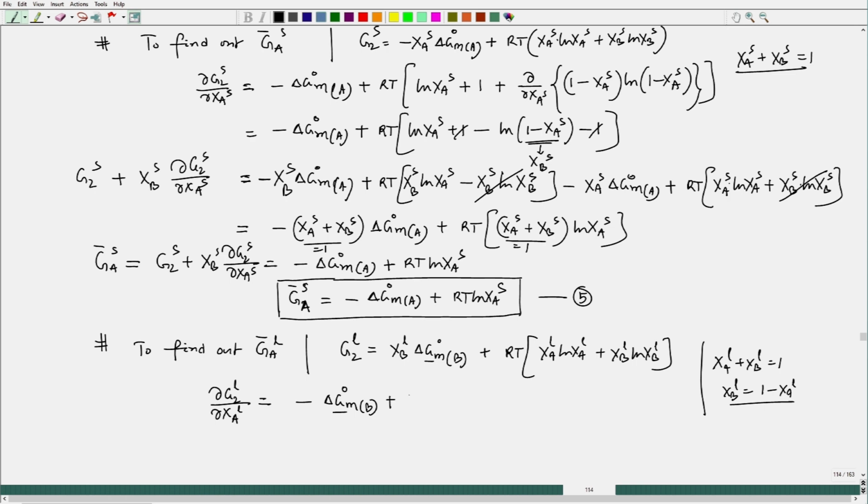So this plus RT XAL plus 1 minus ln 1 minus XAL minus 1.